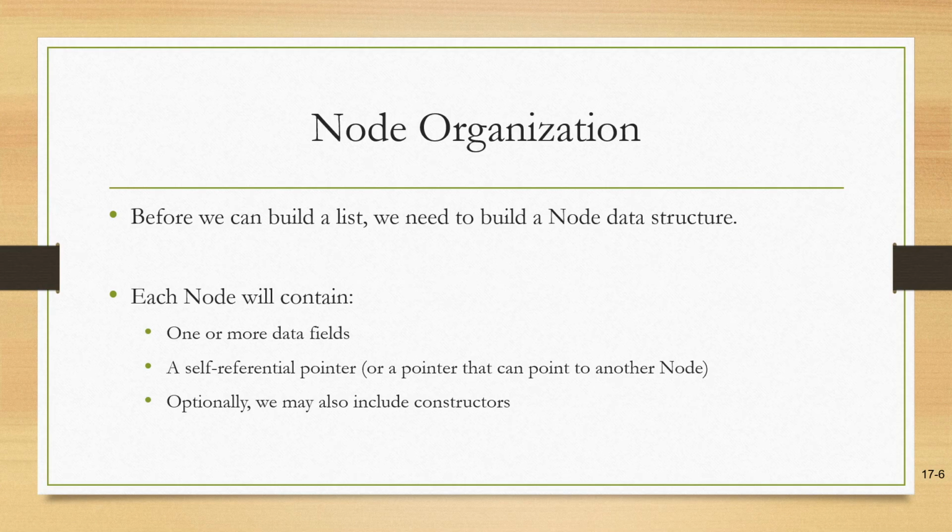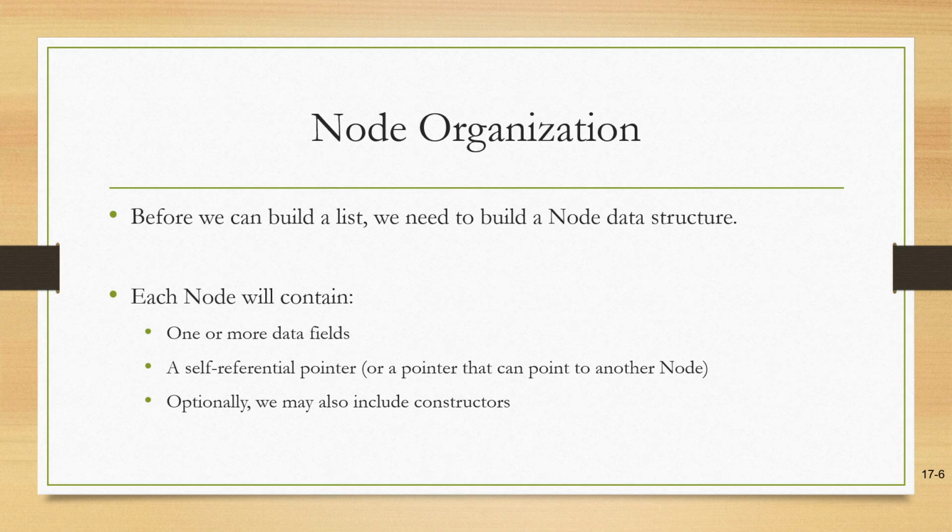Well, a node, as I mentioned at the start, needs to have variables or data, such as strings, a templated class. It can be a struct with different entries, and it needs to have a self-referential pointer, so that it can point at other nodes.